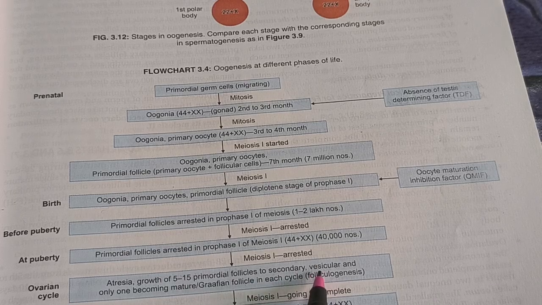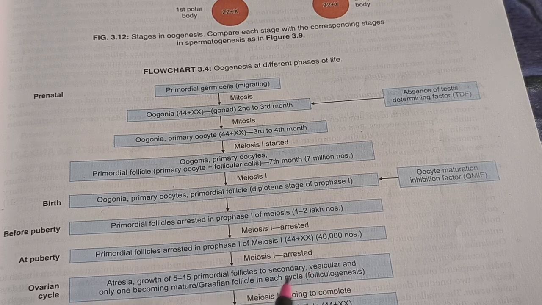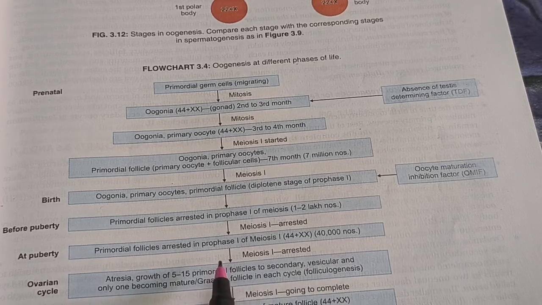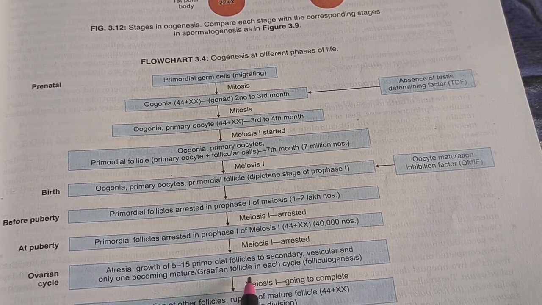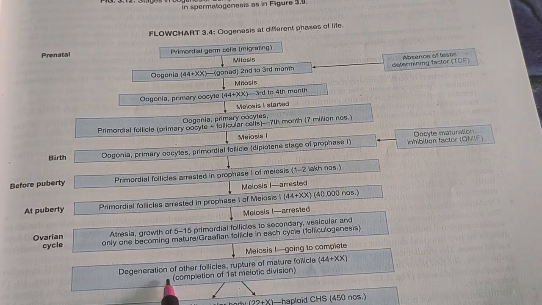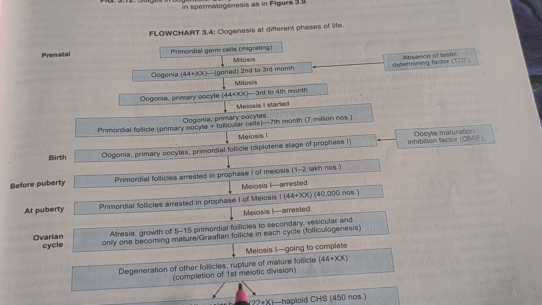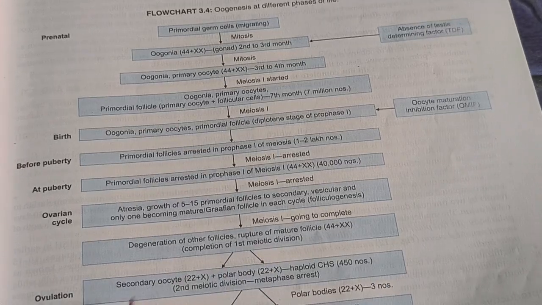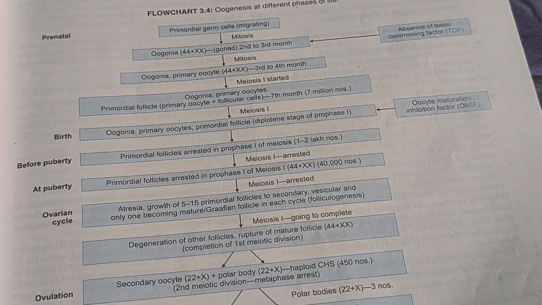You also know that out of four or many tertiary follicles, only one becomes the mature Graafian follicle, and the remaining tertiary follicles rupture.